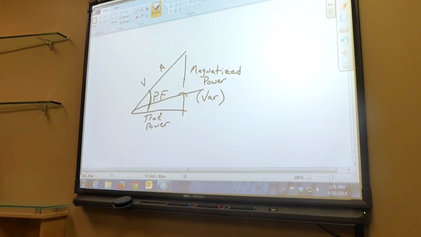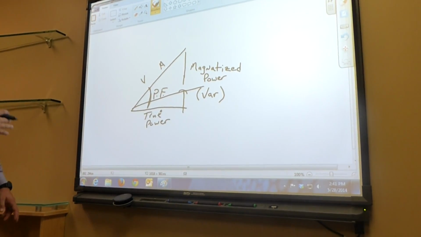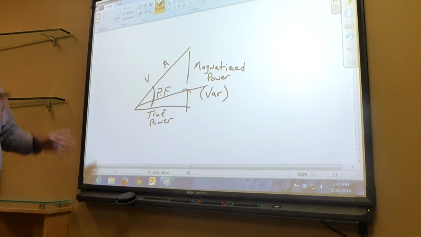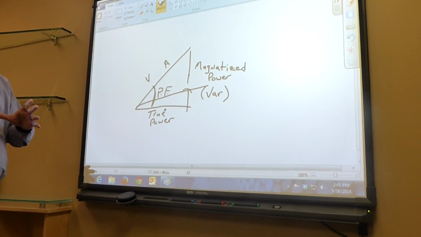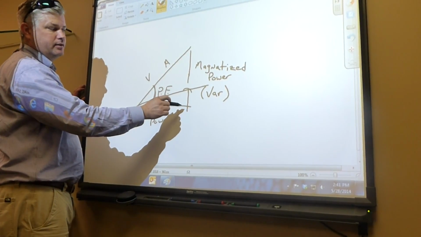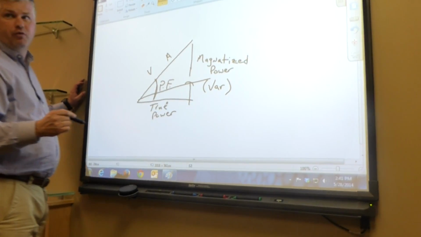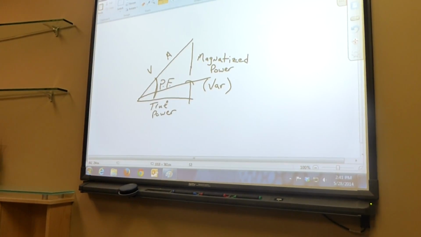So what we're doing, we're coming up with a formula. If we know the power factor going in, and we have a target power factor we want to reach, based on this angle, we're going to develop the formula to tell you exactly what the product's going to do beforehand, before we ever put it in.